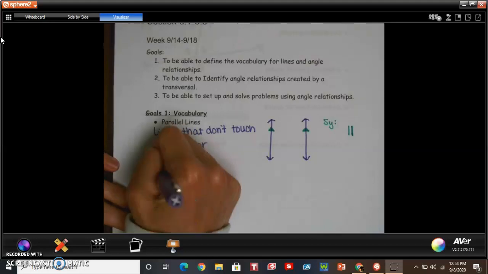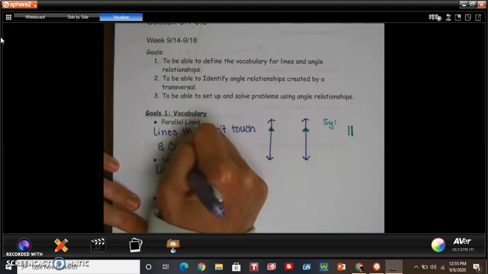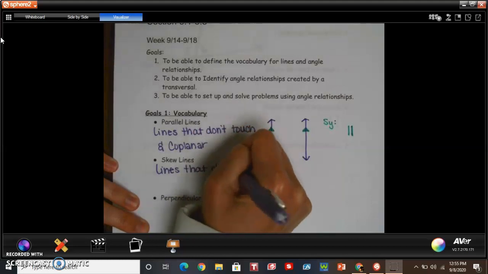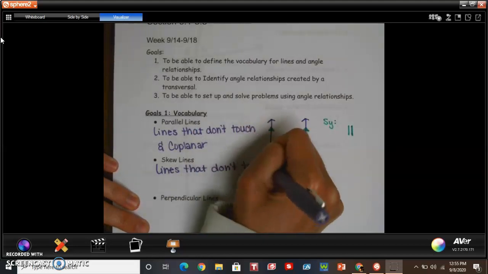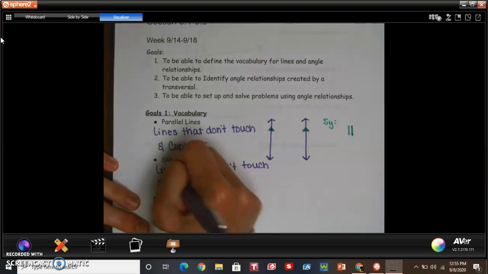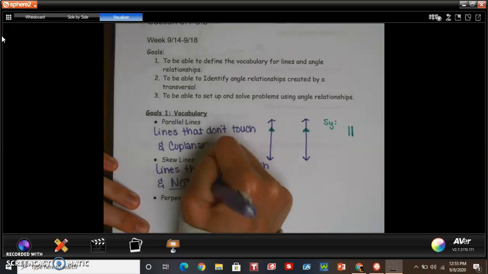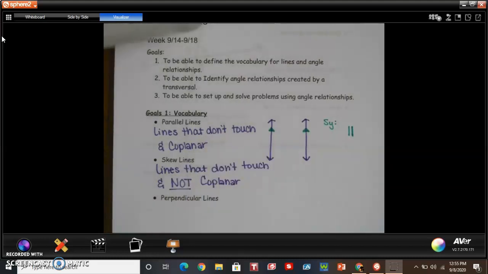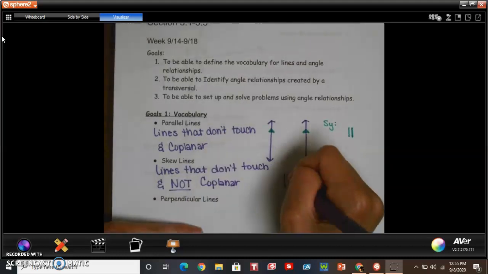All right, skew. These are lines that don't touch and are not coplanar. They only exist in a 3-dimensional world. So let's say you have a box.